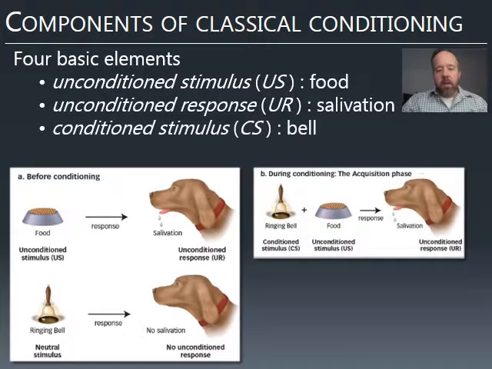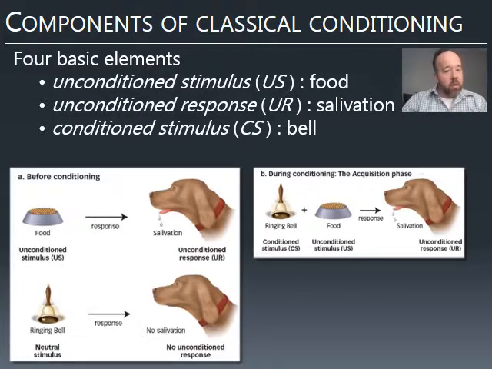But then you have the conditioned stimulus. Now normally that bell is neutral. It doesn't produce any kind of response by the dog. And without the food at the beginning, that's exactly what happens. You could ring the bell all you wanted, and the dog wouldn't really respond to it, at least wouldn't salivate. But then there's what's called the acquisition phase. This is the key part of the conditioning process.